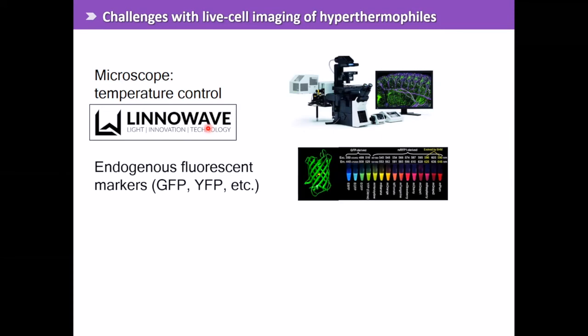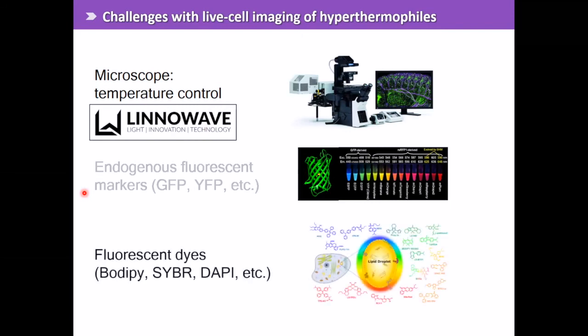For instance, all the endogenous fluorescence markers which you are used to using, like GFP and Cherry and many others, are simply not available for hyperthermophiles. So these proteins would get denatured immediately, and there is no fluorescence, so we cannot use that.